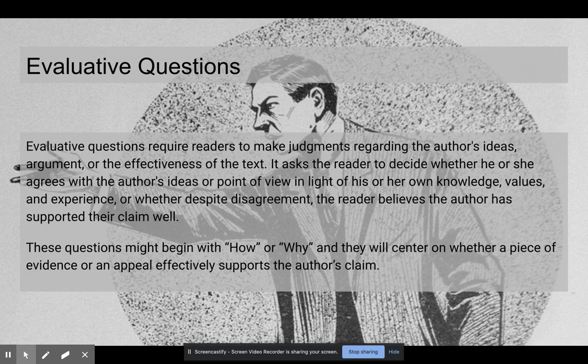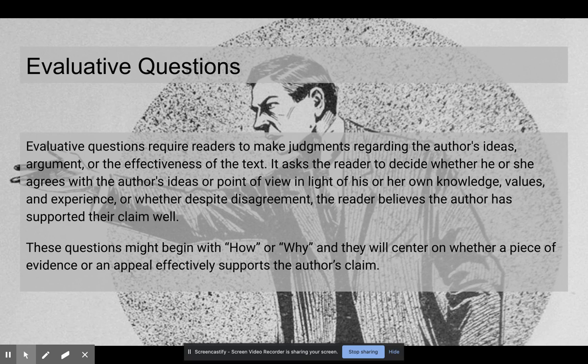All right, and finally, evaluative questions. Evaluative questions require readers to make judgments regarding the author's ideas, argument, or effectiveness of the text. This is where you're getting to kind of the universal question stage, because you, as the reader, are going to decide, do you agree with the author's views or point of view?